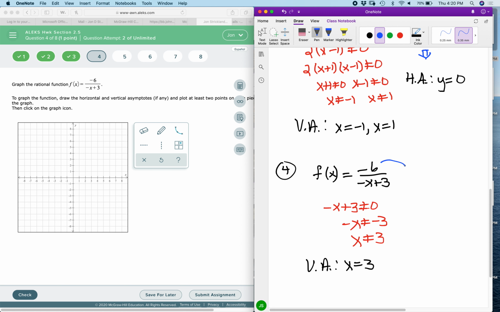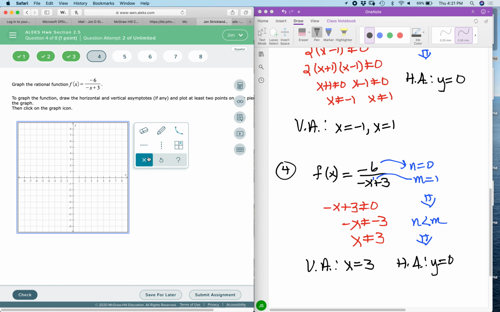And for the horizontal asymptote, the degree of the numerator is 0 and the denominator has a degree of 1. So in the relation, n is less than m, and there's going to be a horizontal asymptote once again at y is equal to 0.